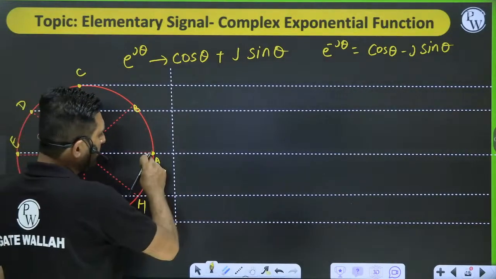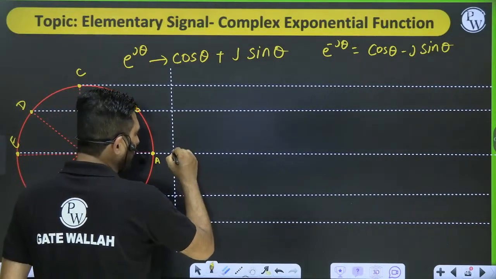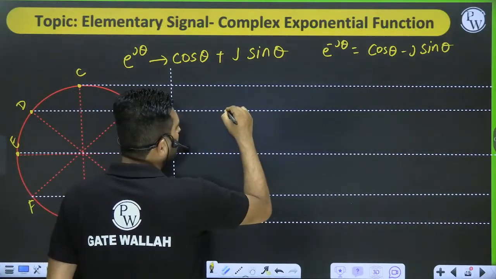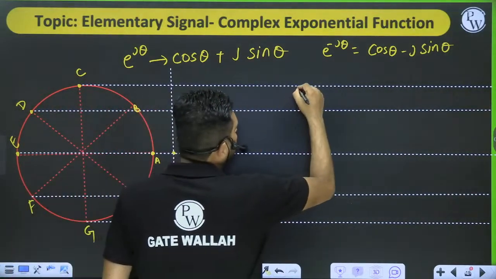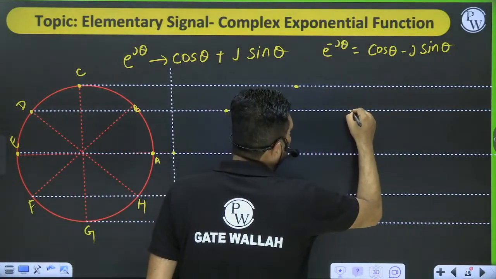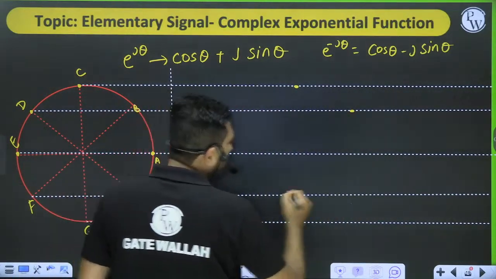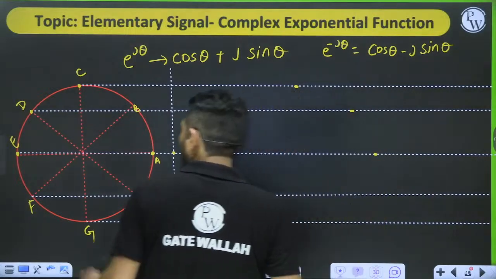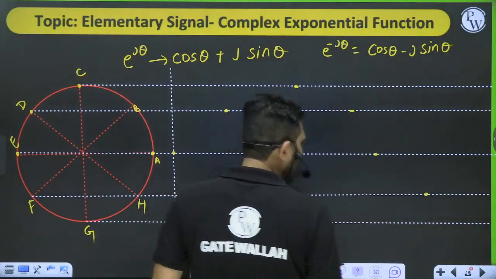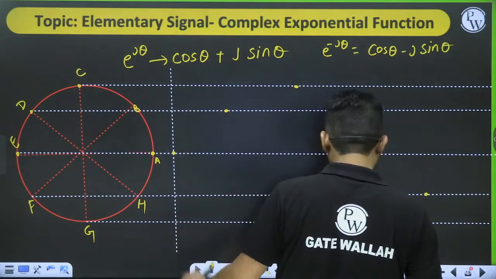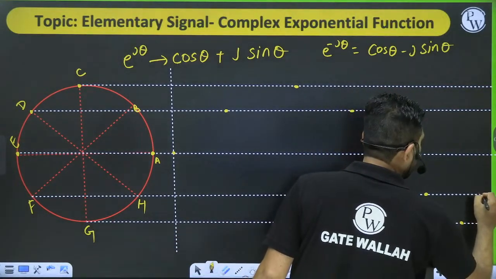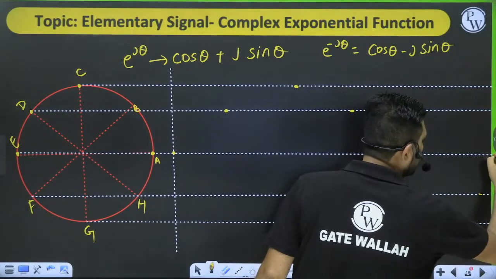When it is B, it starts from B here. When it is C, it's C here. At D, again it comes here. When E, I have E here. When F, I have F here. When G, I have G here, and so on. And I have H here. And it will go like this.